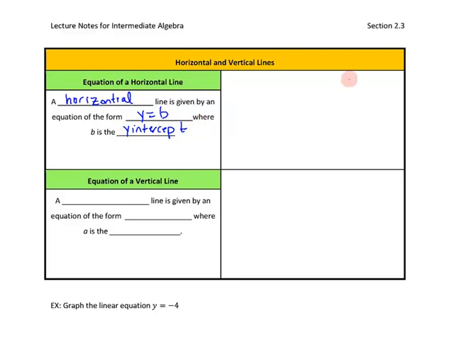For example, if I had y is equal to 2, my graph would look like this. It's a horizontal line at a height of 2. This is my line right here.